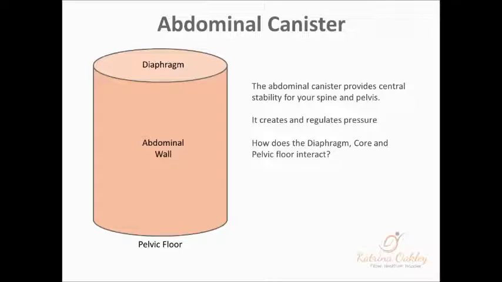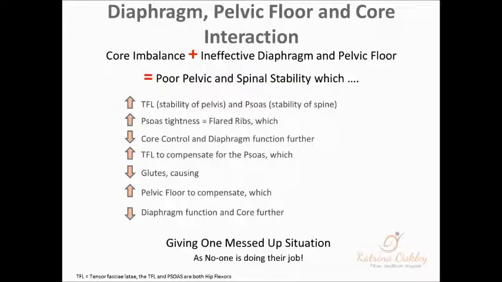So how does that impact the rest of our body? When your pelvis and spine don't have the stability they need, look at what can happen. We'll start to get an increased activity of your TFL to stabilize your pelvis. Now, your TFL is one of your hip flexors.